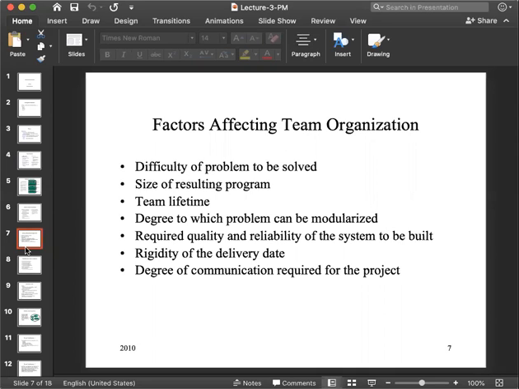Disagreement on which problem can be modularized. কোন প্রবলেম, অনেক সময় দেখা যাচ্ছে অনেক টিমের অনেক মানুষ আছে তারা এগ্রি করতে পারতেছে না যে কোন প্রবলেমটা নিয়ে আমরা কাজ করব, কোন প্রবলেমটার উপর আমরা ফোকাস করব। So disagreement between the team members. Required quality and reliability of the system to be built: যে কোয়ালিটি বা রিলায়েবিলিটি কোশ্চেন আসে সেটা তো অলরেডি গোল সেট করা থাকে, so the team is actually following this one. সো দেখা যাচ্ছে হয়তো কোনো বেটার সলিউশন হতে পারতো, বাট টিম ইজ ফলোইং দ্য লিডার্স ইনস্ট্রাকশন, so the situation is we already know how this is going to be.